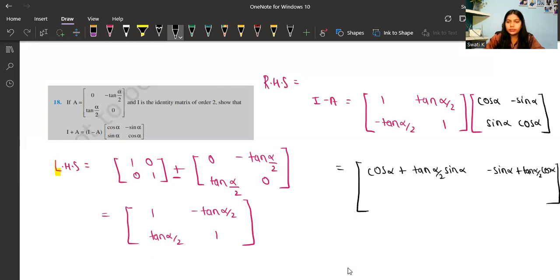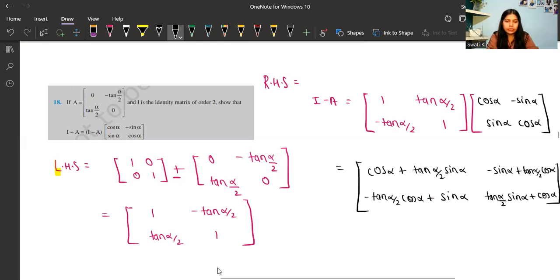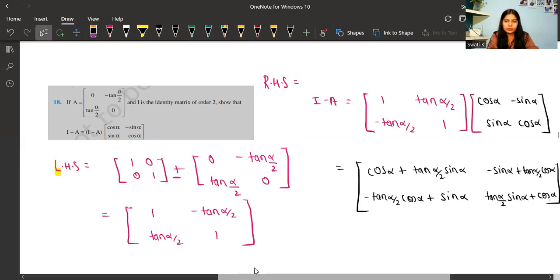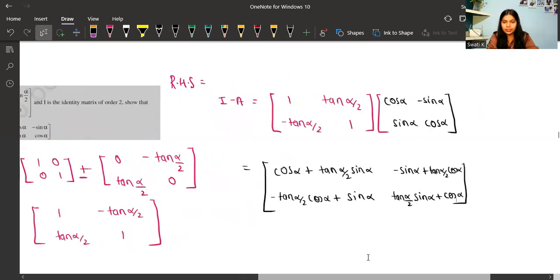Little complicated. This is minus tan alpha by 2 cos alpha plus sin alpha. And the next is minus into minus is plus, so tan alpha by 2 sin alpha plus cos alpha. Now to simplify this, we need a bigger space, I must say.